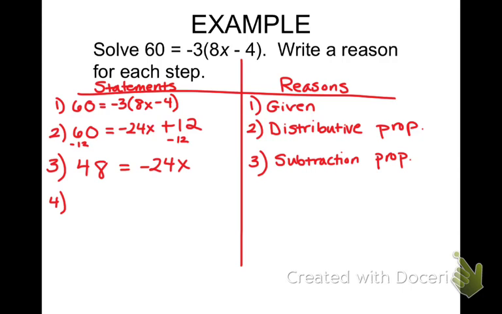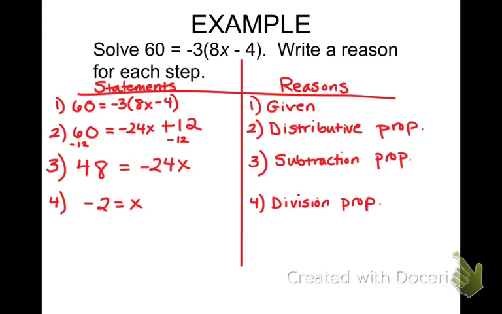What is 48 divided by negative 24? Negative 2 is equal to x, which is your division property. Okay? So solving equations by writing out your justification between them.